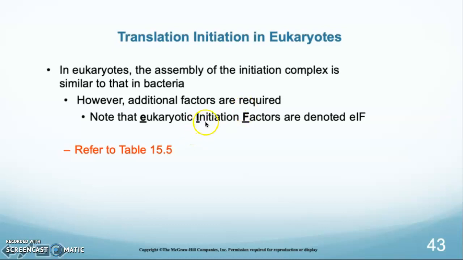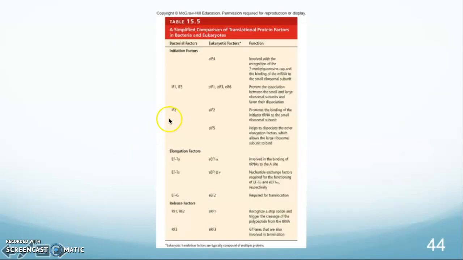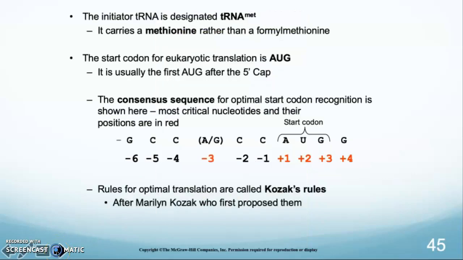Instead of calling them just initiation factors, the IF, we put a small e in front to note that it is a eukaryotic initiation factor. And this has a long list of them. Don't worry, I don't expect you to know them, but just know that it is a more complex start to translation in eukaryotes than in prokaryotes or bacteria.